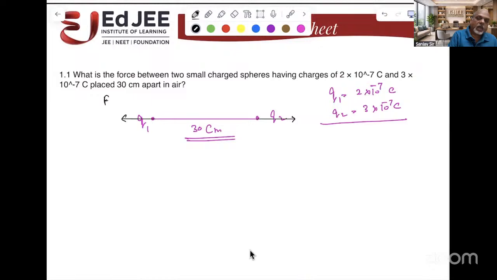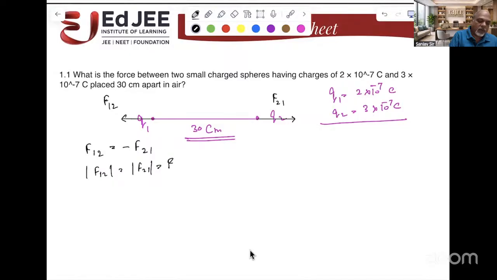This is your force on Q1 due to Q2, and this is your force on Q2 due to Q1. You already know that F12 is nothing but minus F21, or the magnitude of these two forces will be equal.